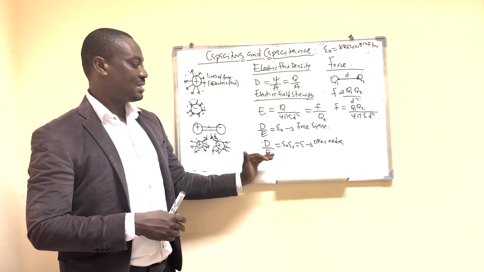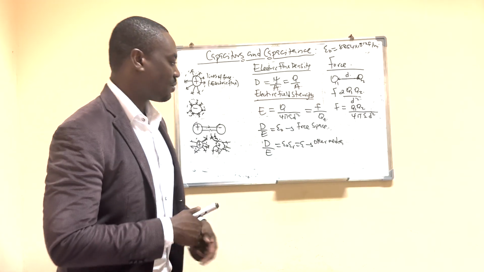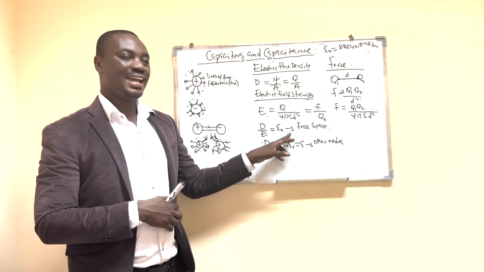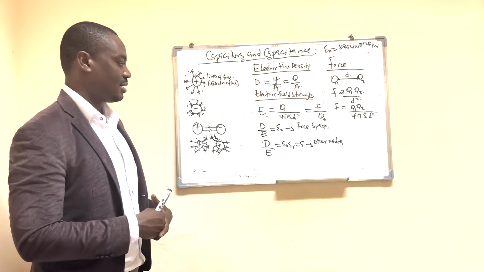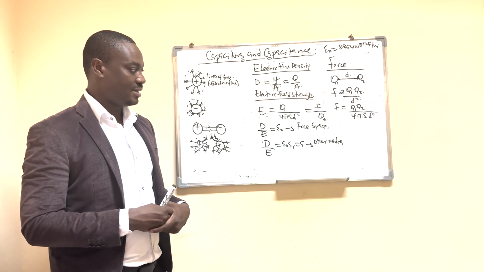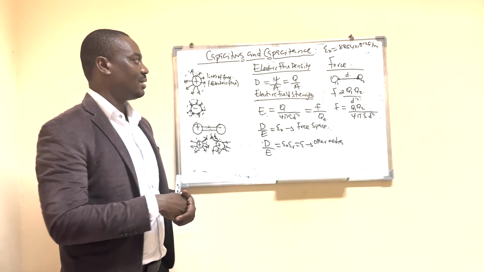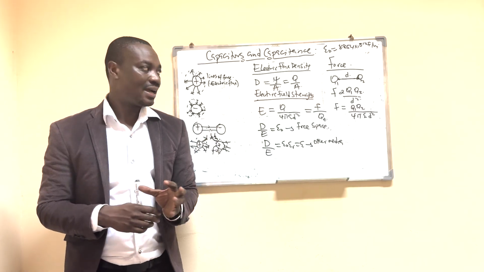So you can see this is exactly the same as the first one for free space. The difference is that when it comes to what? Air, the relative permittivity of air is 1. So hence we get this to be what? Permittivity of free space.